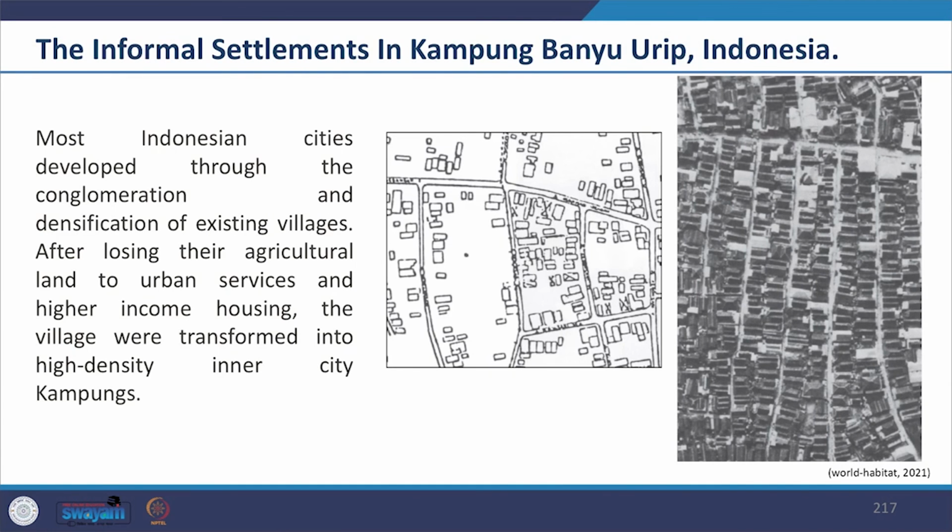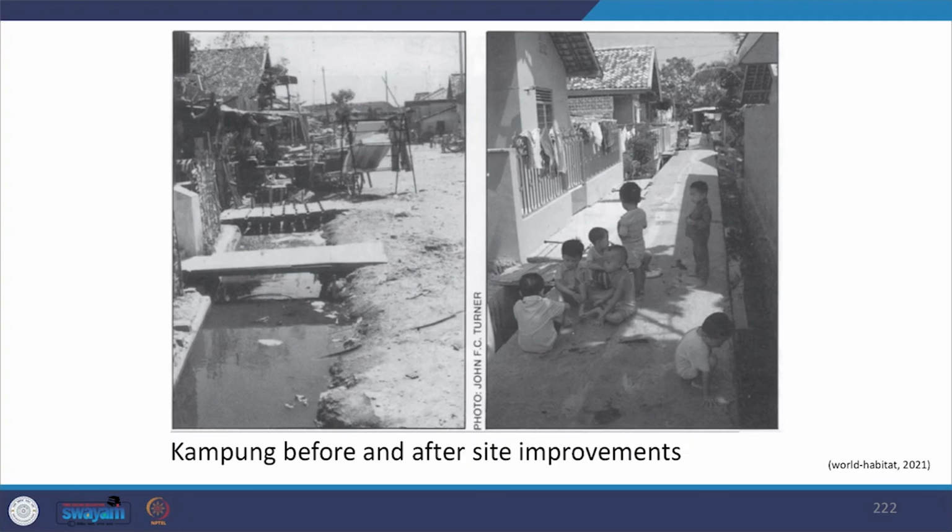The intervention was taken here, and in this particular picture you can see the housing in Kampung before and after, how the intervention took place. Here you can see this. So how the interventions really bring changes, transform the environmental condition and also the life of the people.